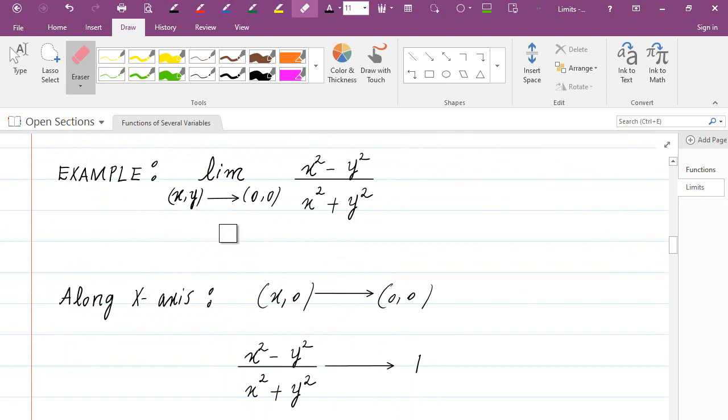Let's say I am looking at the limit of (x squared minus y squared) divided by (x squared plus y squared) as (x, y) approaches (0, 0).